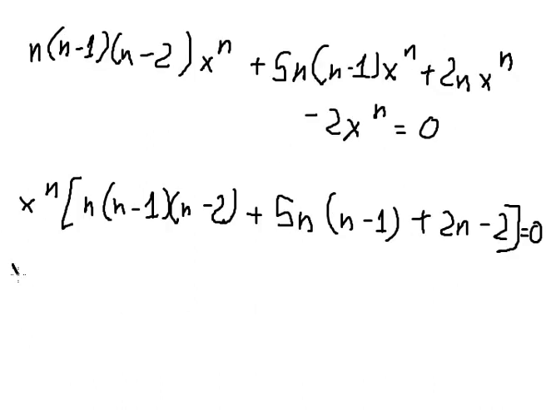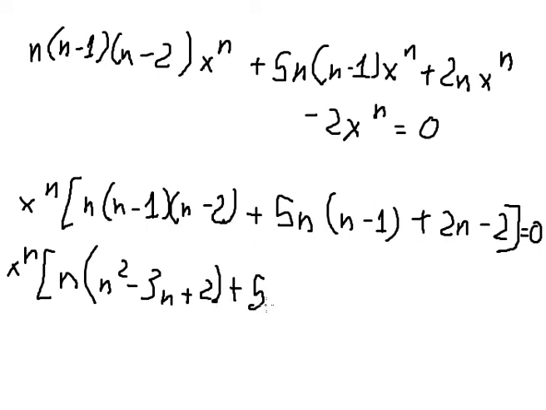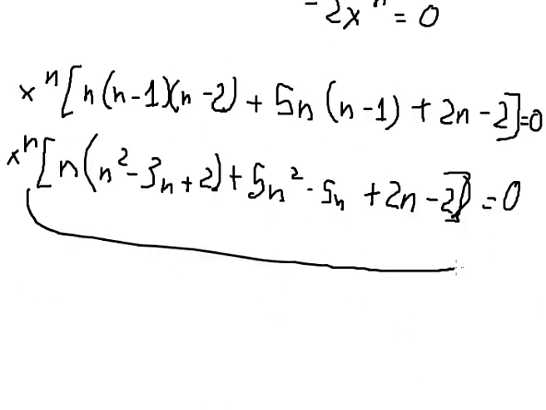And now we need to expand everything in here. So we just concentrate on this one only. So I will have n multiplied by n squared, and 3n, and 2.